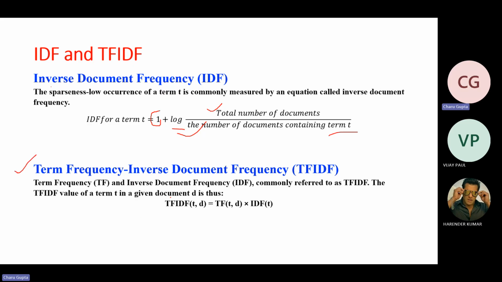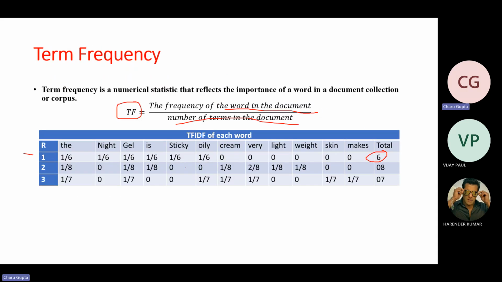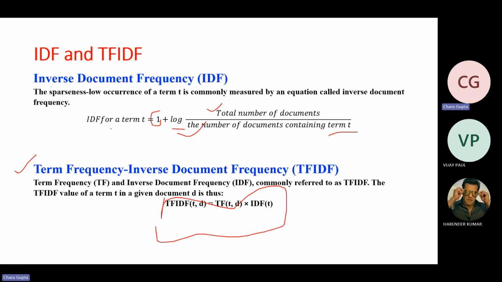This is defined by the product of TF and IDF. We have the term frequency for each word and the IDF for each term, and multiplying them will give me TF-IDF.